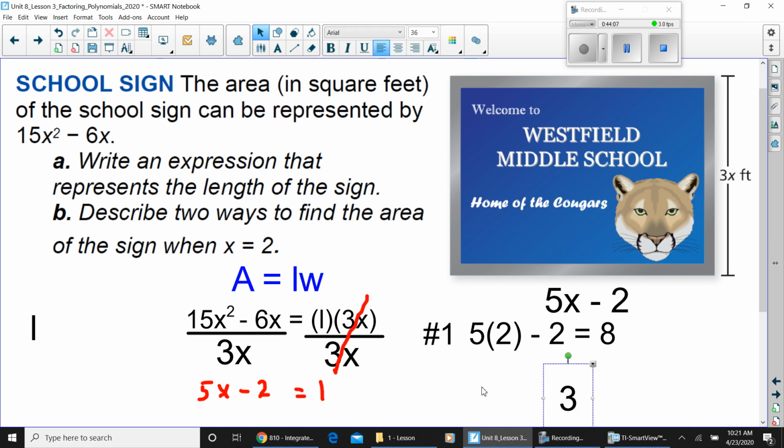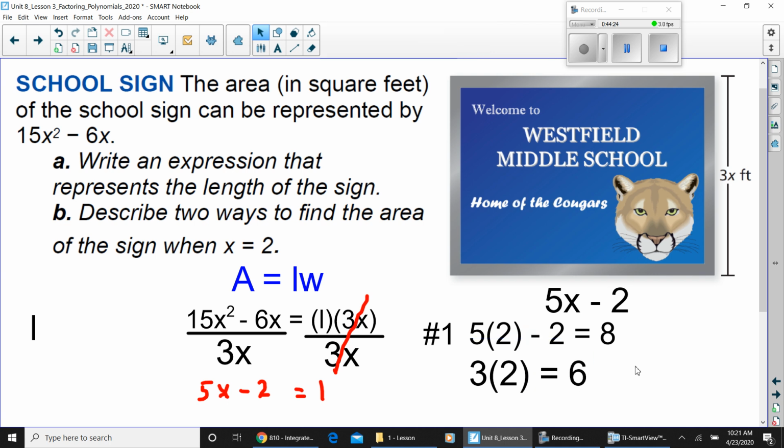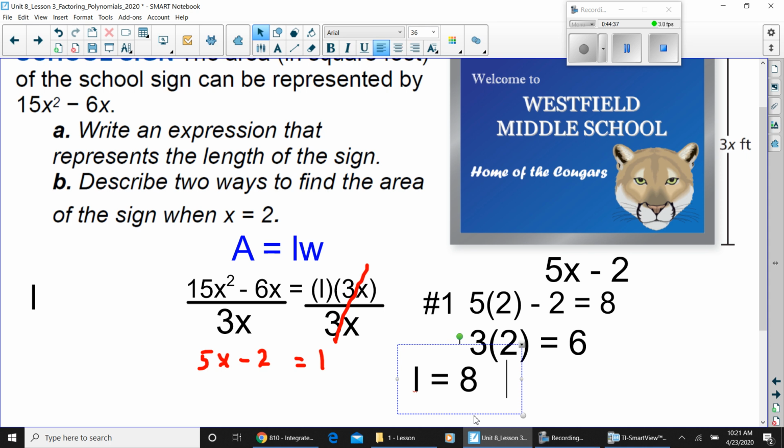And then the 3x is 3 times 2. So I know that the width is 6. So the length is 8. The width equals 6. I need to have that down there.